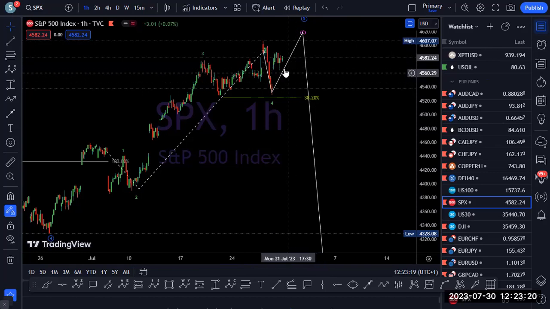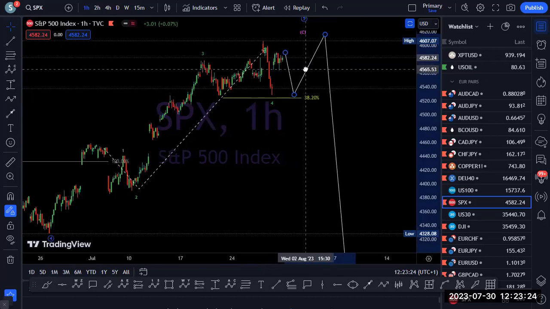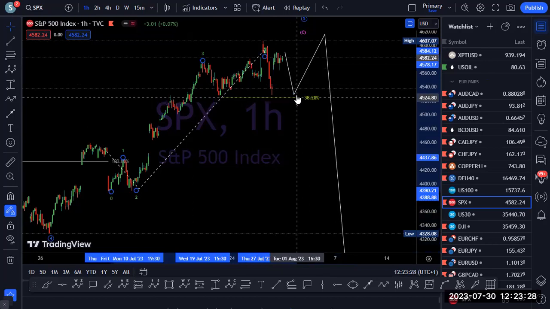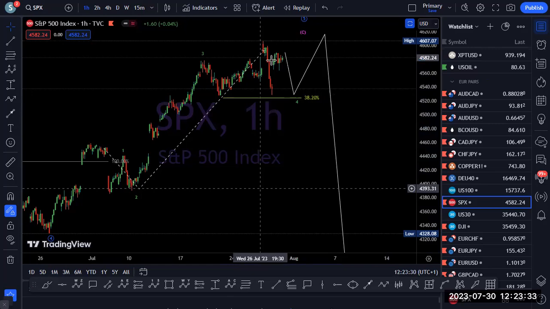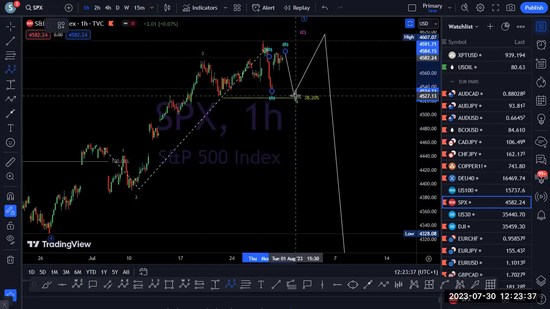Then here is another problem. I don't like seeing the correction look like a single drop. So I want to see another move down to give me an ABC. Then I'll have confidence that this is indeed a correction.